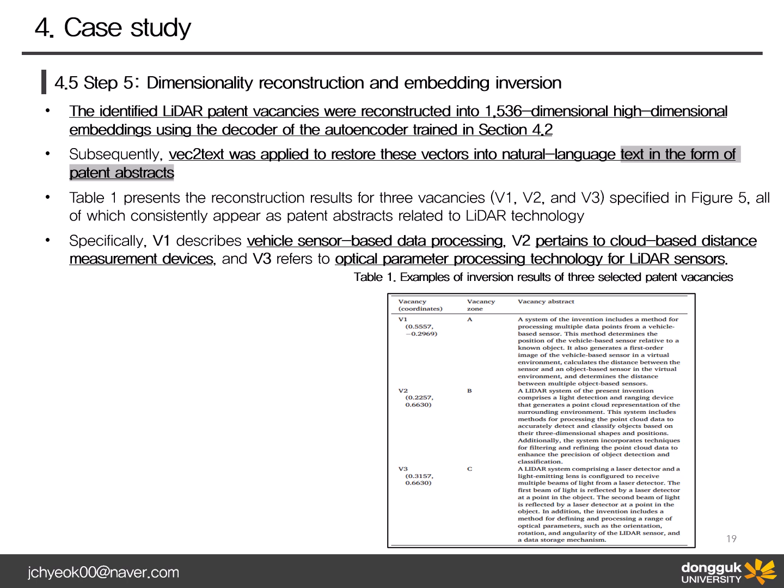Here we present the reconstruction results for three vacancies specified in Figure 5. Specifically, V1 describes vehicle sensor-based data processing, V2 pertains to cloud-based distance measurement devices, and V3 explains optical parameter processing technology for LiDAR sensors.